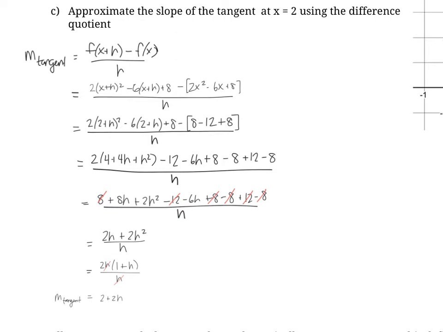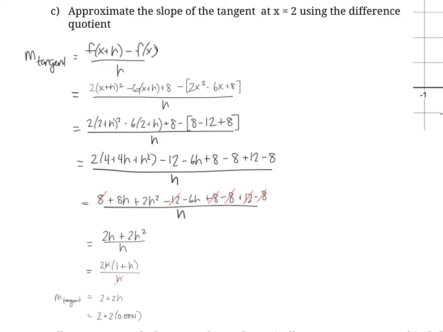So we're looking at this when h is very, very small, right? And the closer we get to 0 with h, the more accurate our answer is going to be. So I'm just going to plug into this equation. h is a really small number. 2 plus 2 times, I don't know, 0.0001.